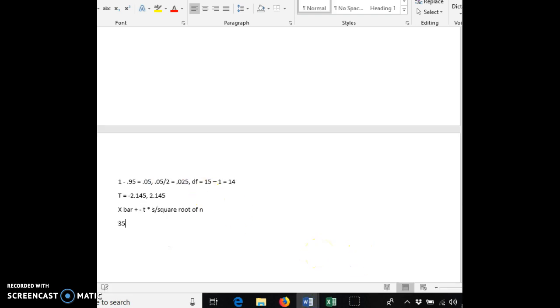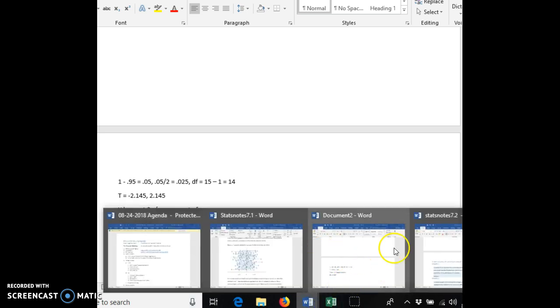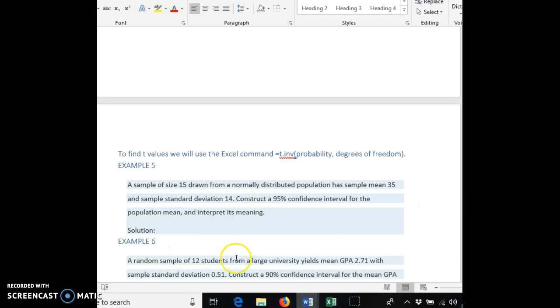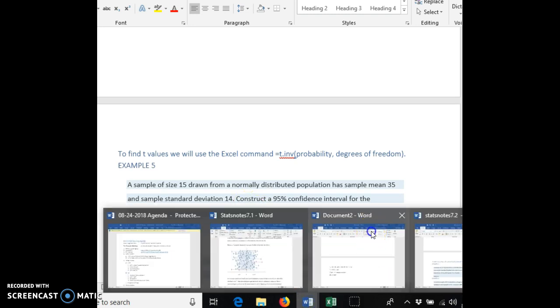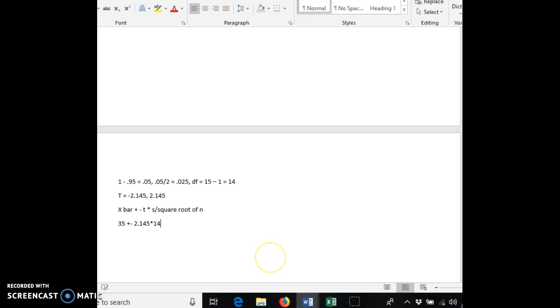So we're going to have 35 plus and minus 2.145 times 14 over the square root of our sample size, 15.